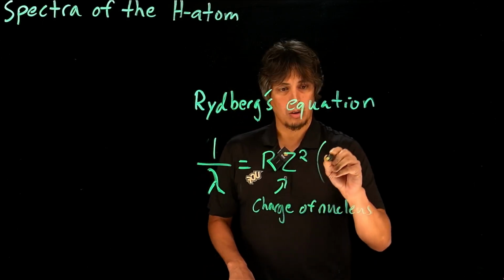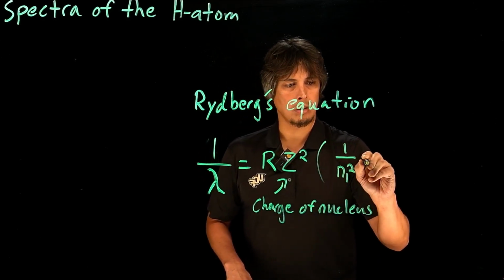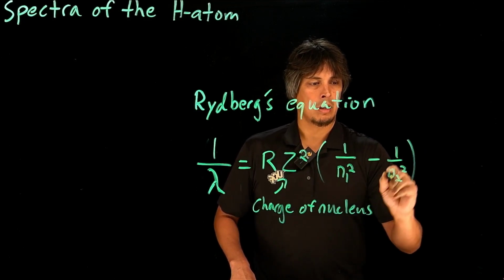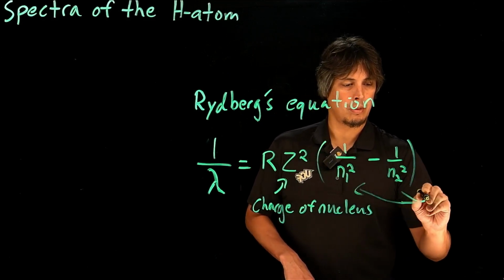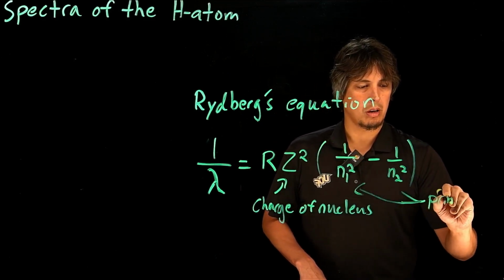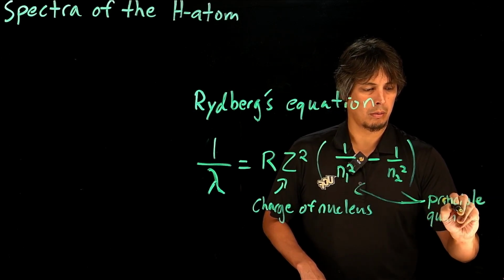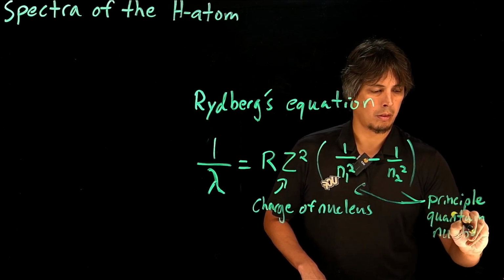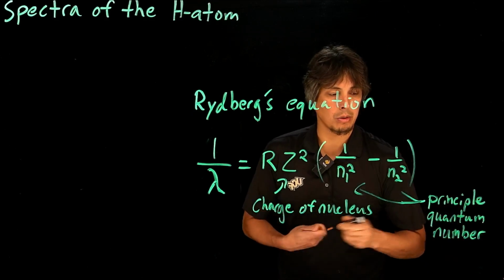Times 1 over n1 squared minus 1 over n2 squared. Now, these are referred to as principal quantum numbers. And importantly, these can only be integer values.